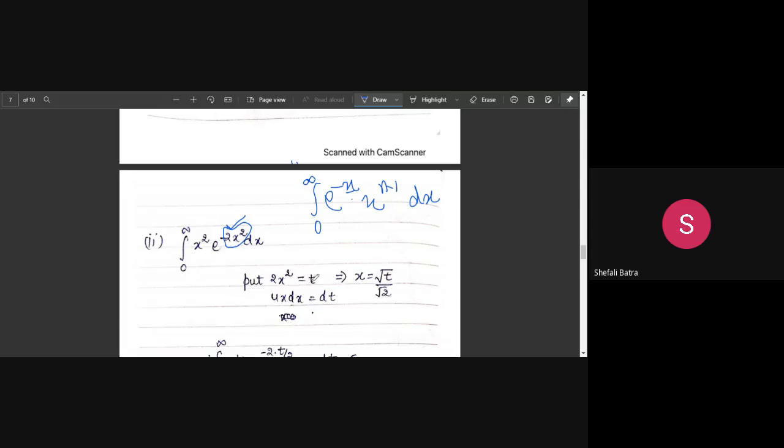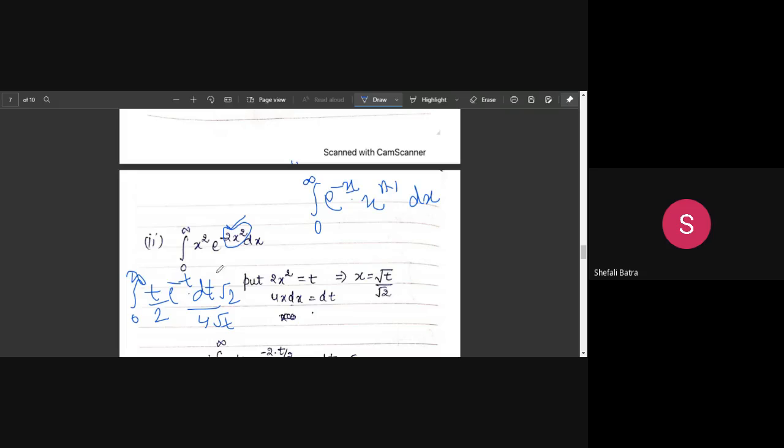x square would be t by 2. So you write here 0 to infinity, t by 2 e raised to power minus t, into dx, and dx is dt upon 4 under root t under root 2.